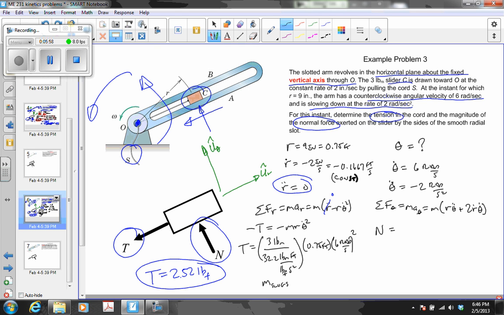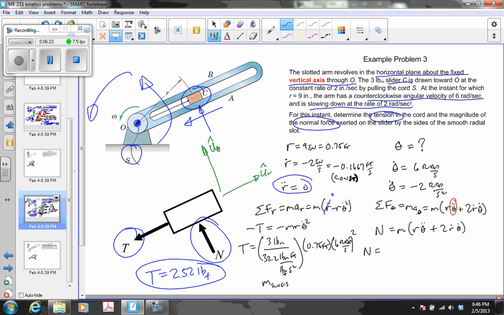Well, can we cancel anything? Theta double dot is negative 2, r dot is negative, so we need to keep all of these terms actually. So N is equal to m times r theta double dot plus 2 r dot theta dot. So I will get a positive result.